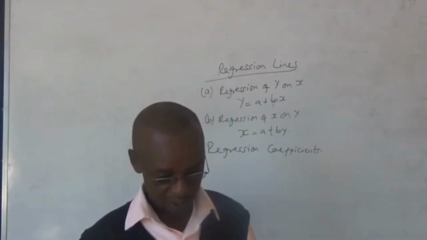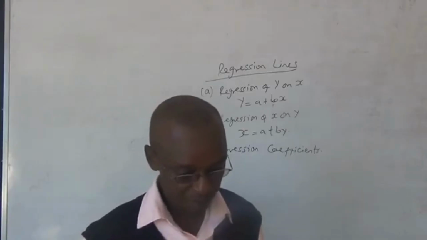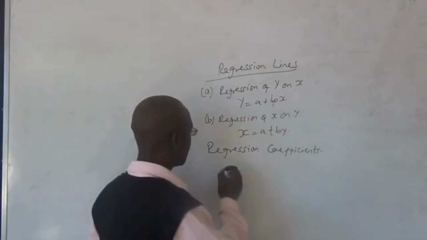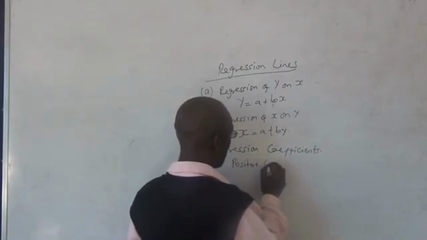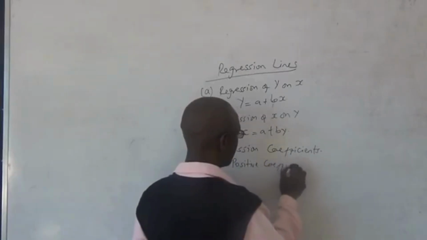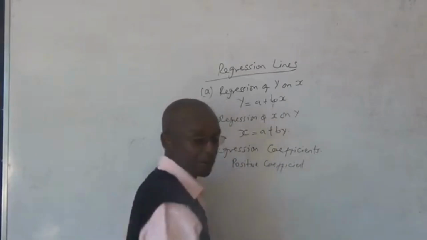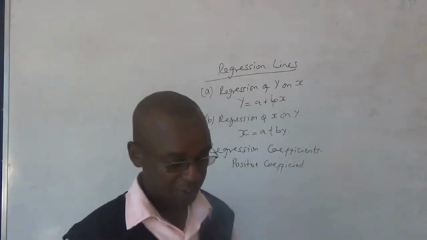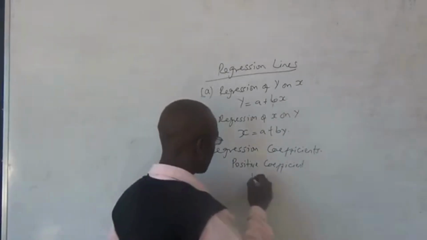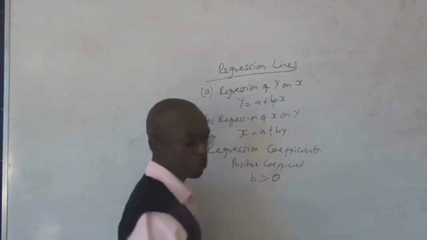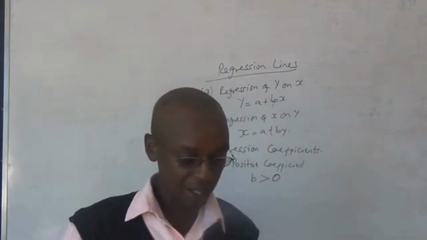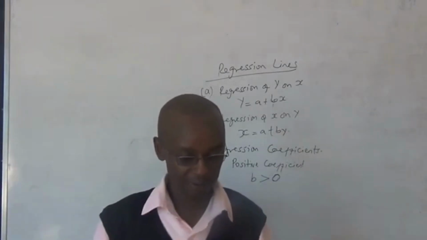Then let's also look at regression coefficients. Regression coefficient measures the rate of change. We have a positive coefficient. This is 0, not O. B is greater than 0.